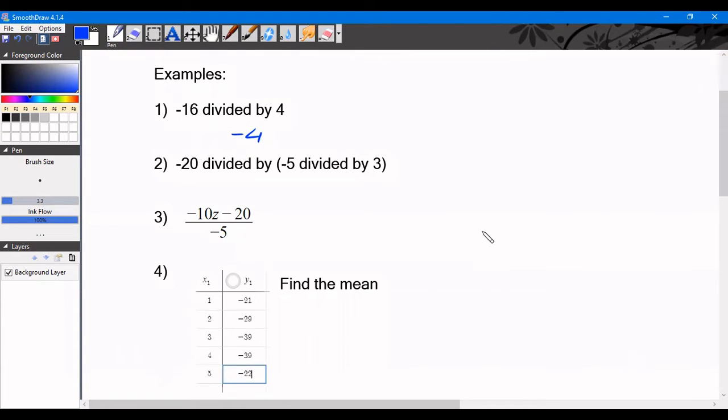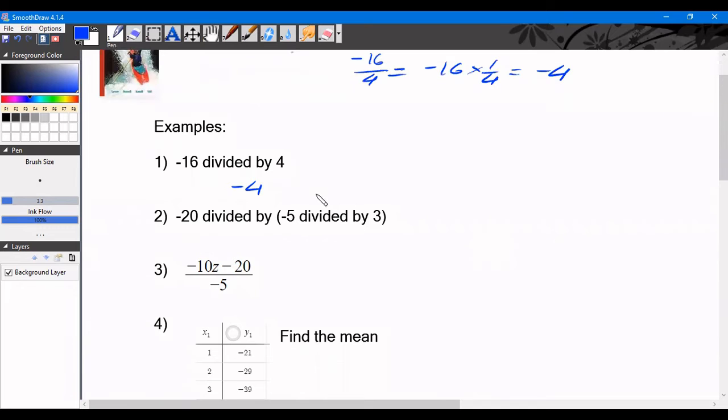Number 2 is a little more complicated in the way that you have a compound fraction. A compound fraction is where you have a fraction on top in the numerator as well as a fraction in the denominator.